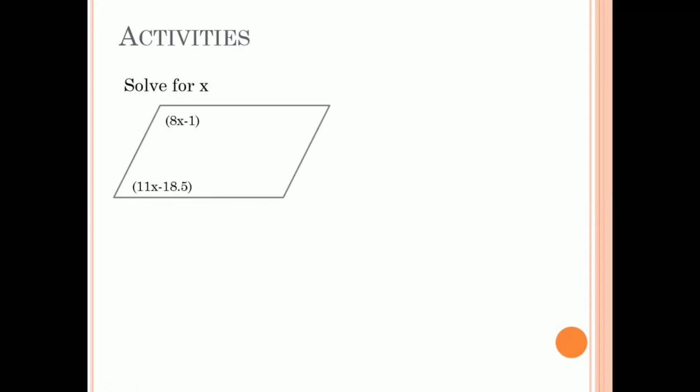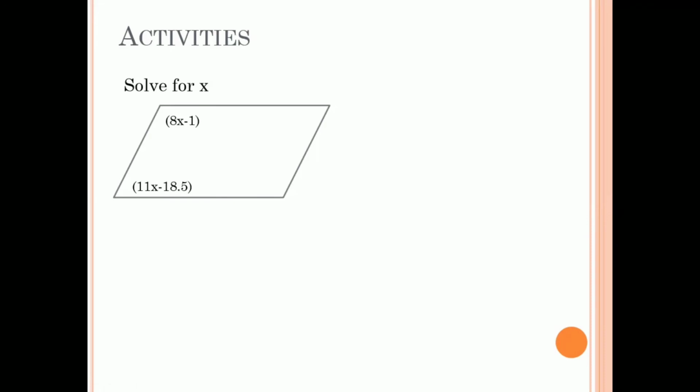Okay, next activity. Solve for x. In this parallelogram, the given angle is 8x minus 1, and the given angle here is 11x minus 18.5. We are going to solve for x.